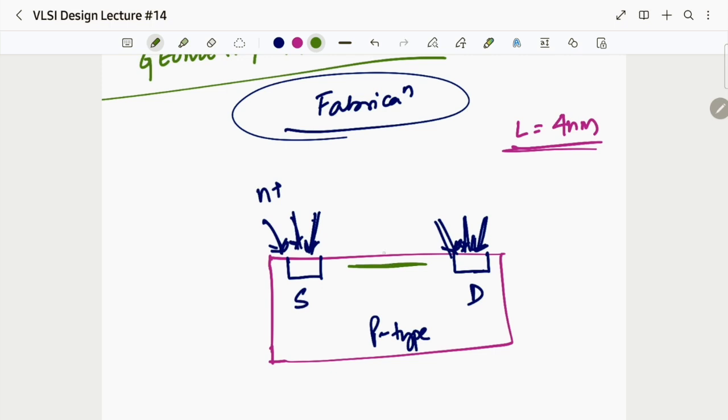It cannot be at the side, it cannot be at the end or at the bulk of the p type, it cannot be on either the source or drain side. It has to be in the middle of the surface of our substrate. So from here you will measure 4 nanometer, and at the end you will understand, okay, somewhere here I need to create the n plus pockets, and there you will bombard the dopants.